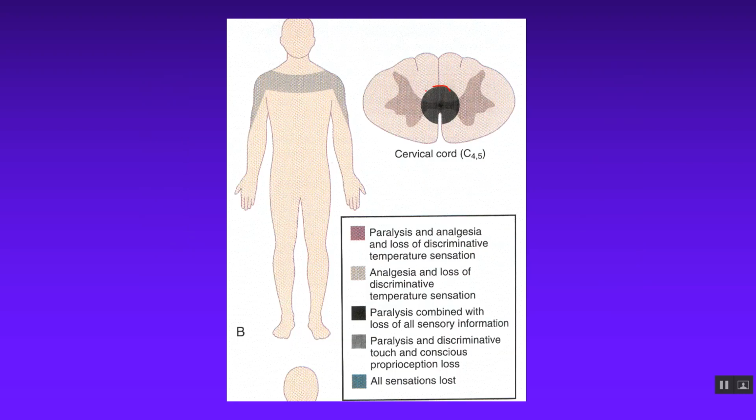So here is a very small central cord lesion. You'll notice that it's only impacting this very central region of the spinal cord. What it's impacting here, in particular, that you care about, is the anterior white commissure. Everything else is getting by this lesion, right?